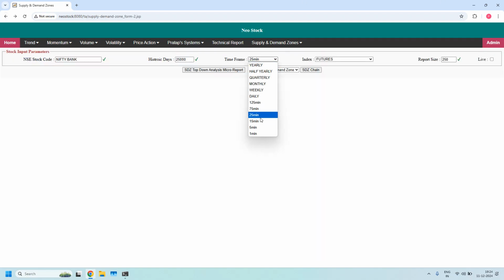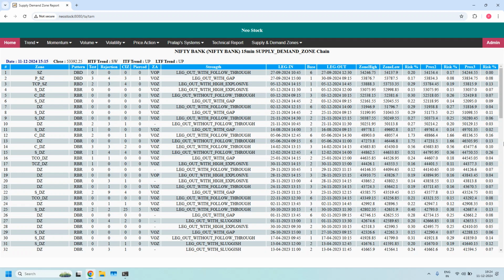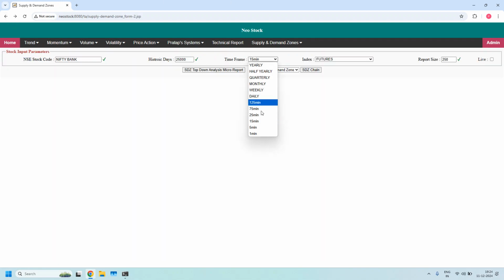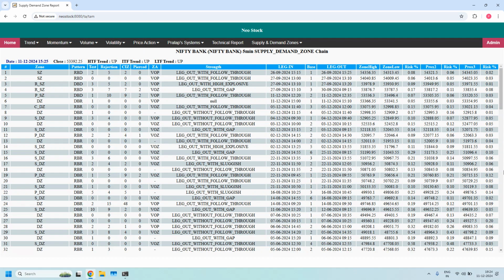Next, 15-minute supply demand zone chain for bank nifty. Next, 5-minute supply demand zone chain for bank nifty. So we have completed bank nifty supply demand zone chain.